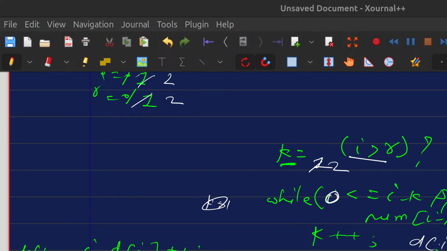Okay, if c is 1 and t is 0, what is t? t is also an index of s2, s1, right? No, s2. Alright, wait a minute.